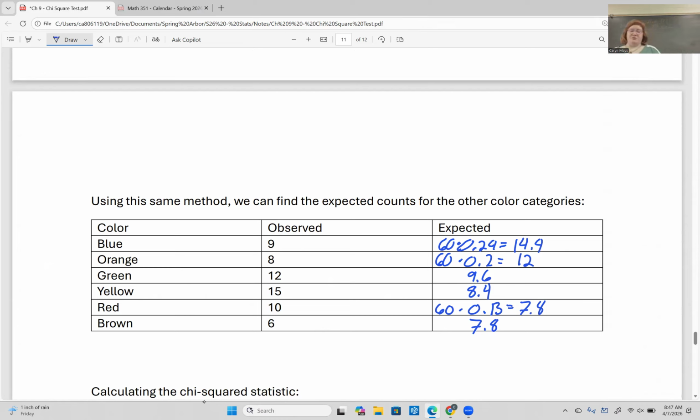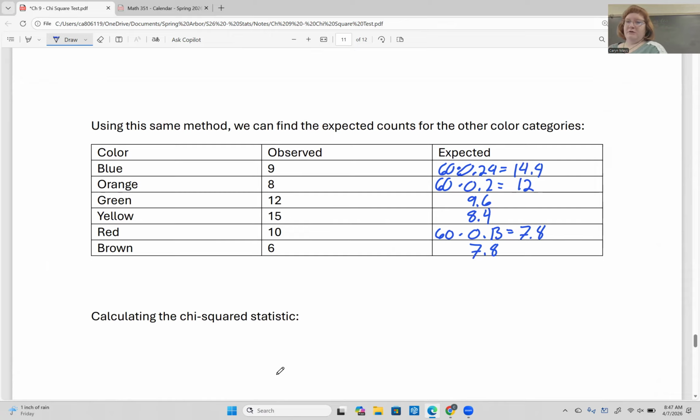How do I find the chi-squared statistic? Like specifically if I wanted to do it for blue. Yep, 9 minus 14.4 squared over 14.4. My chi-squared statistic is going to be doing that for each one of these.